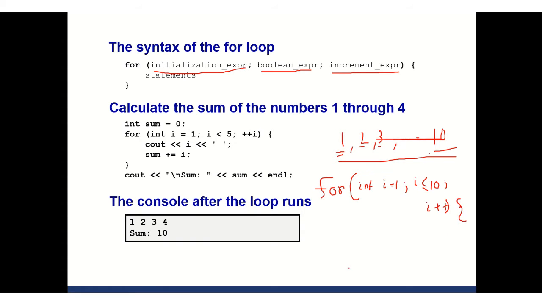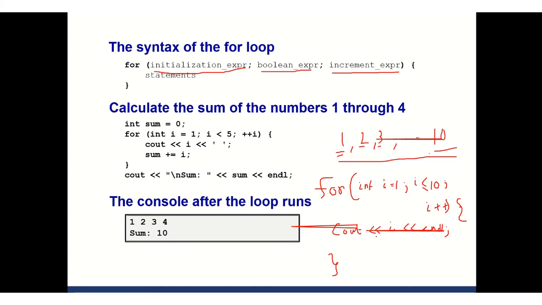Within the curly braces that designate the block, you can write cout, that is your output statement. Then you write i, the variable that you are trying to display between 1 to 10, and you write endl so that there will be a new line after each number.